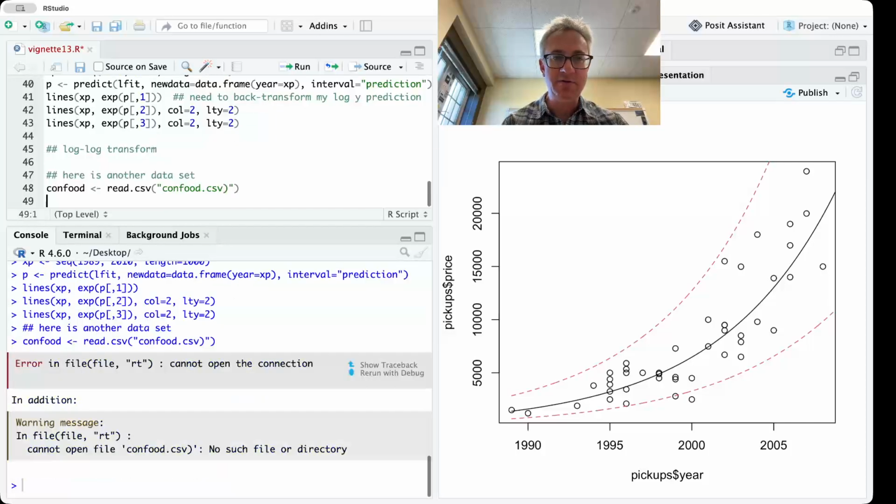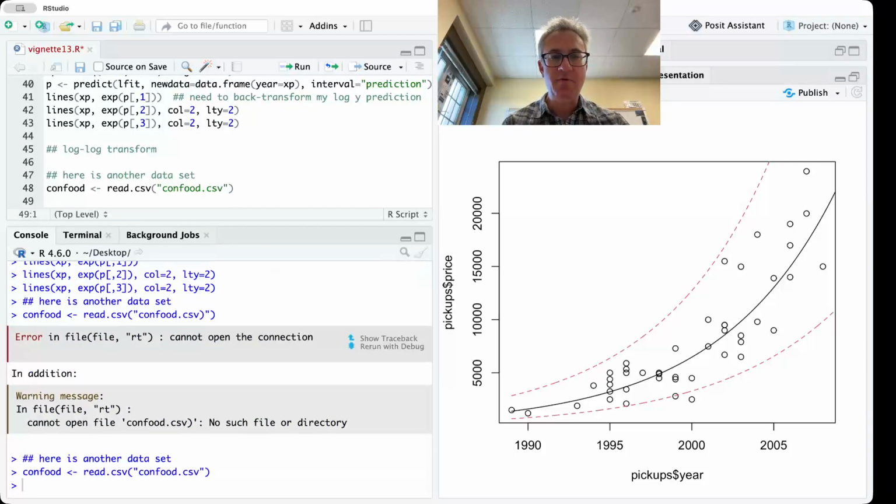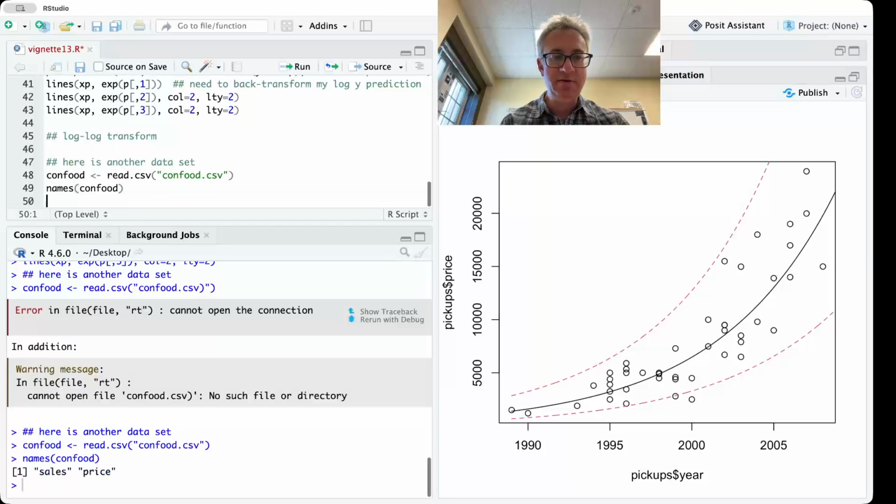Again, you download this from the book webpage. And what it has is just two columns. So it has the price of some canned food that's sold at a supermarket from a company called Consolidated Foods, and how many units were sold at that price at the particular supermarket.